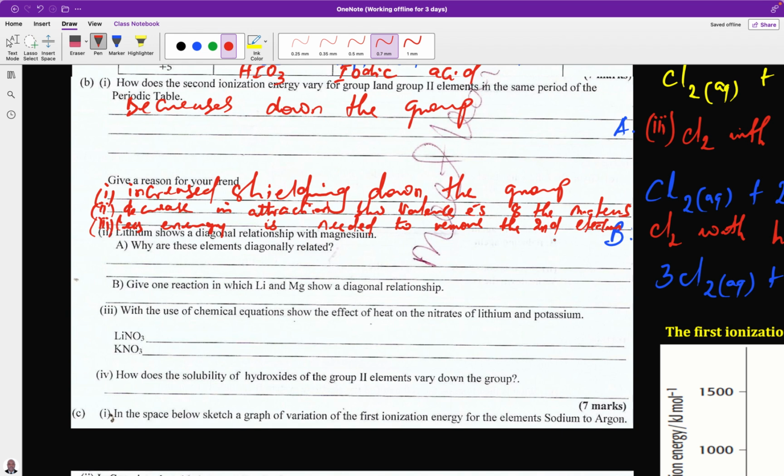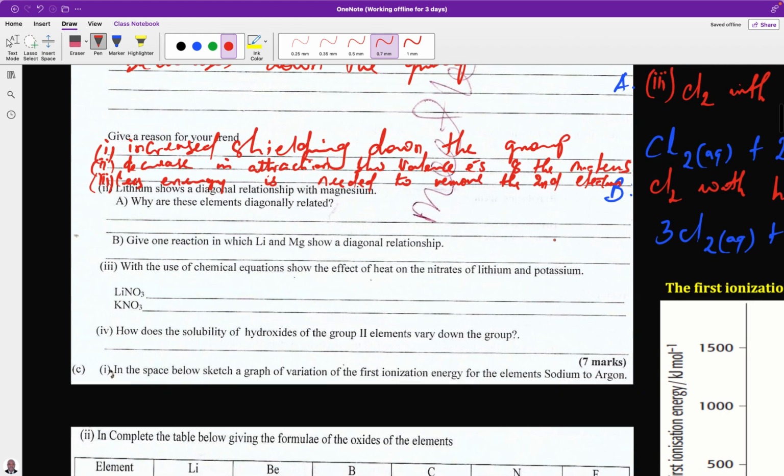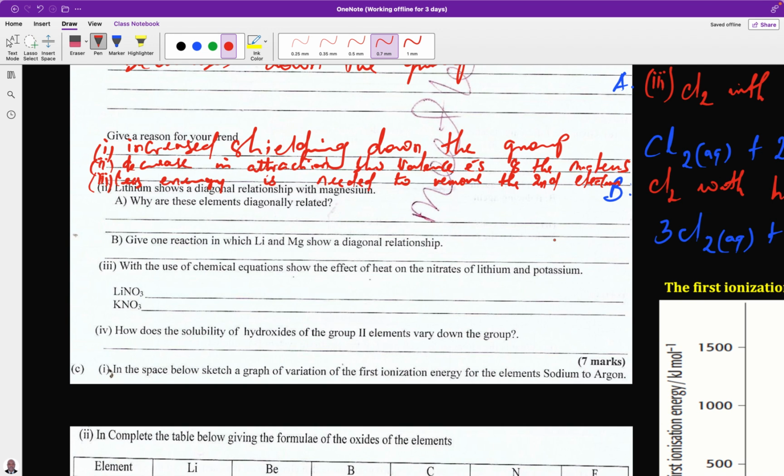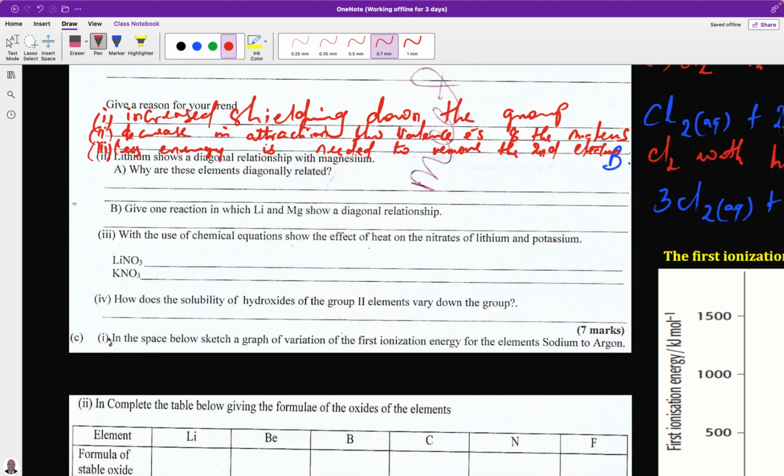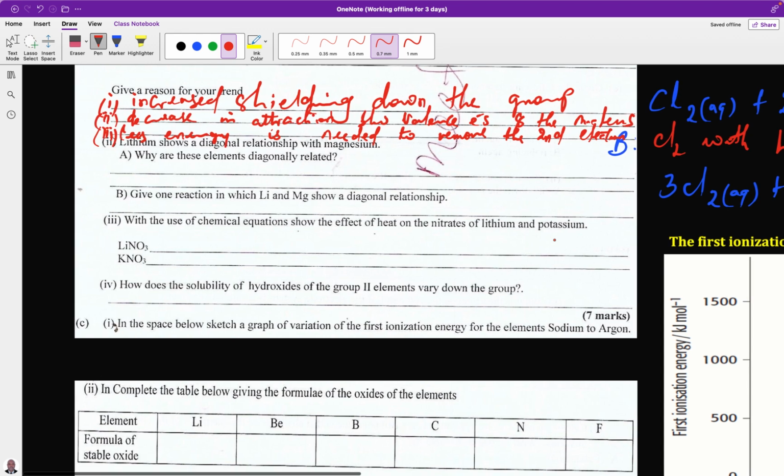Why are these elements diagonally related? You should know that lithium and magnesium, if you look at them critically, are diagonally related. One is in period 2 and the other is in period 3. They are diagonally related. Why are these elements diagonally related?